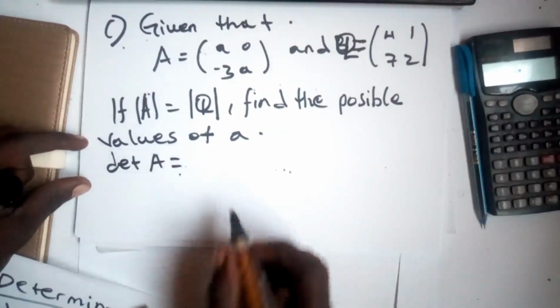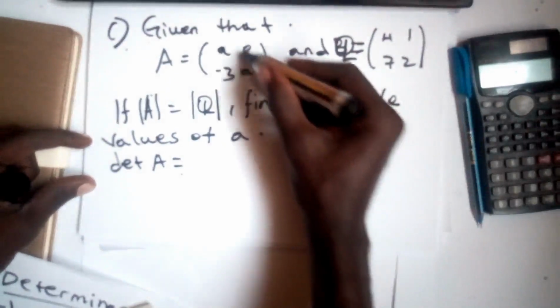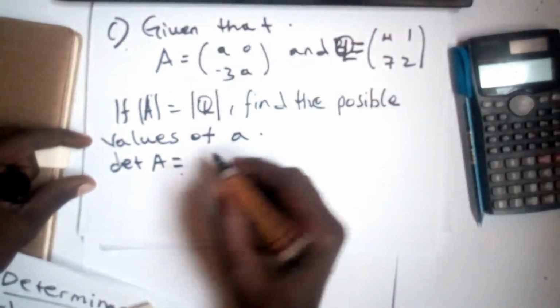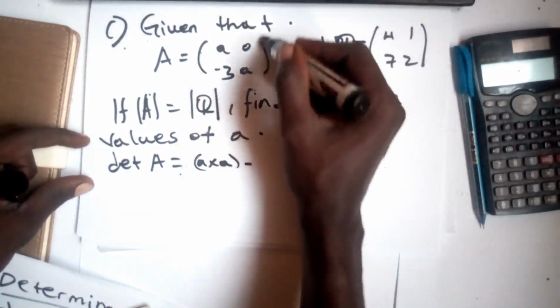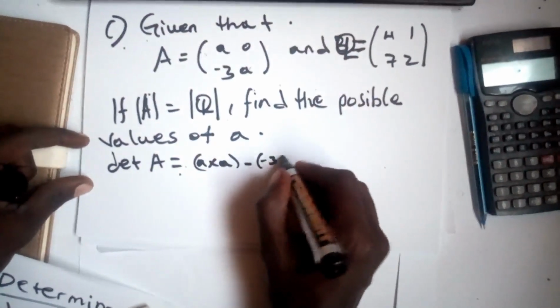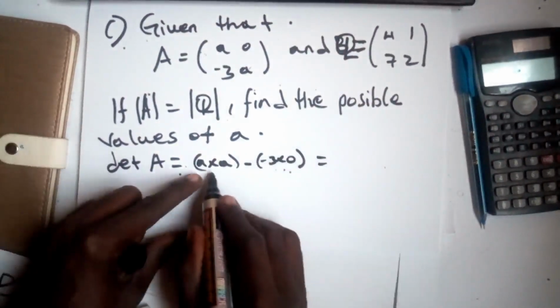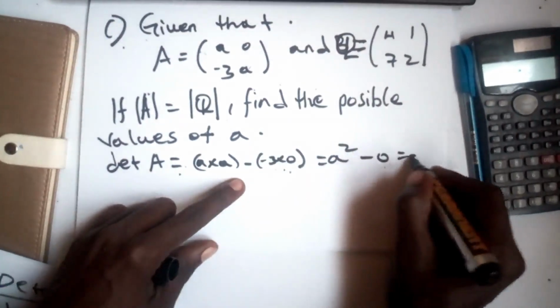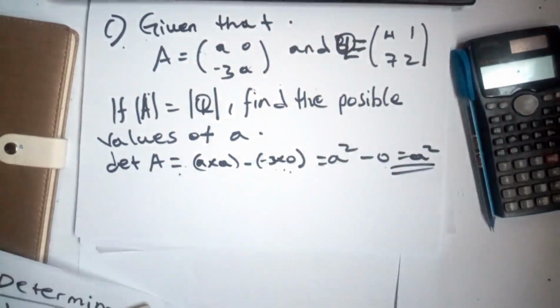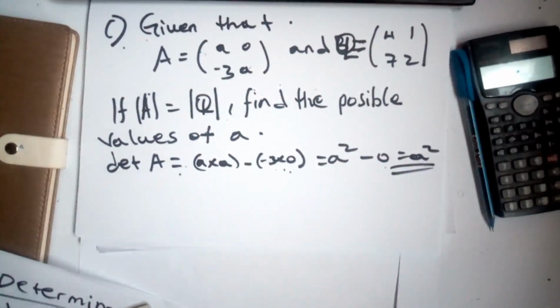Let's first of all go to the determinant of A. It is the product of the terms in the leading diagonal, which is a times a, minus the product of the terms in the minor diagonal, which is negative 3 times 0, which is going to give us a squared minus 0, which is going to give us a squared. So that is the determinant of matrix A. Clear?